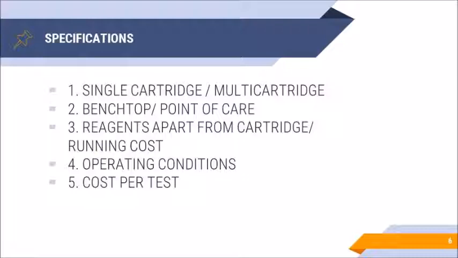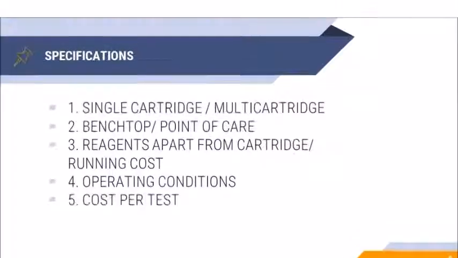Fourth, operating conditions. Do you have the apt operating conditions necessary? Fifth, what is the cost per test? These are the major five technical specifications that are taken into consideration while purchasing a blood gas analyzer. We will be further discussing each and every technical specification in detail.